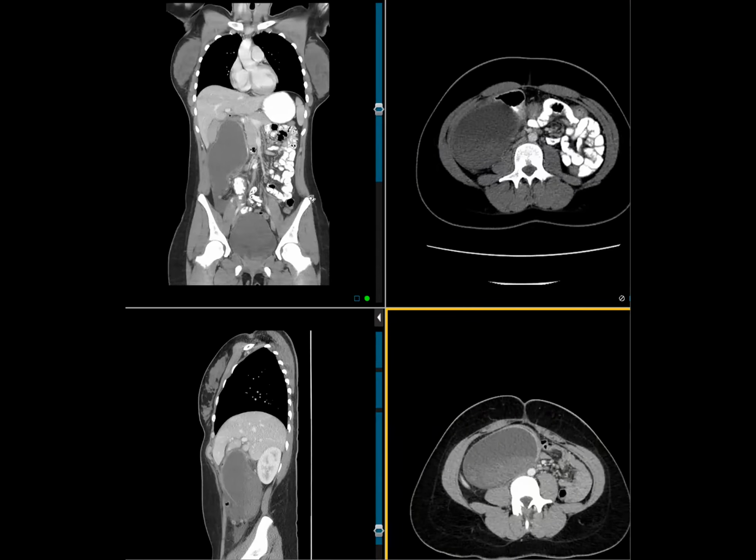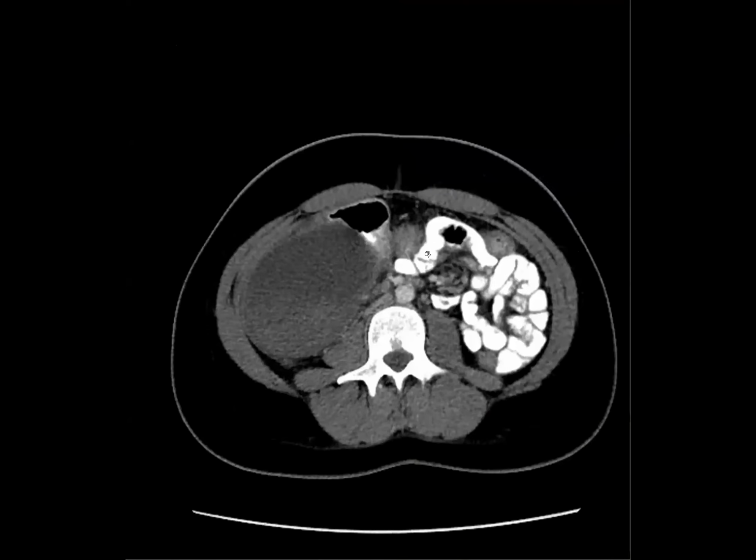Okay, so this CT scan is of a 21-year-old female, and she has a history of right-sided abdominal pain for almost 2 weeks, and we don't have any prior for this patient.